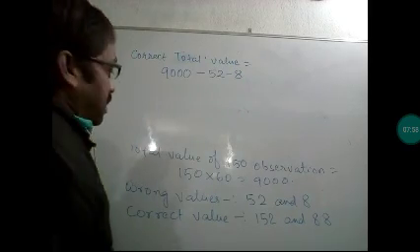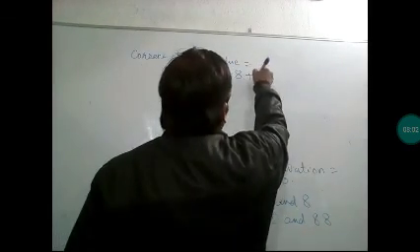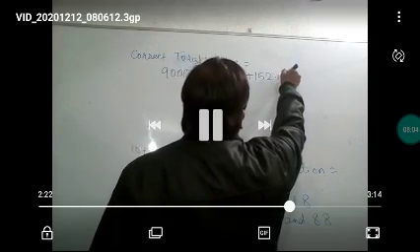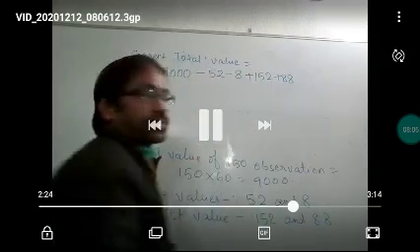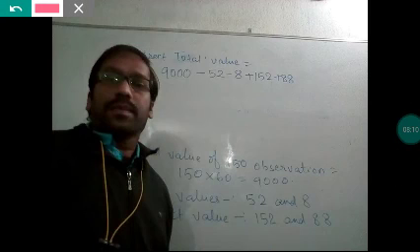Then what is the correct? So those two correct values will come here. What was the correct value? Those two will be added here. I would like to show you one thing here. See class, we have removed 52 and 8, but at the same time we have added 152 and 88.